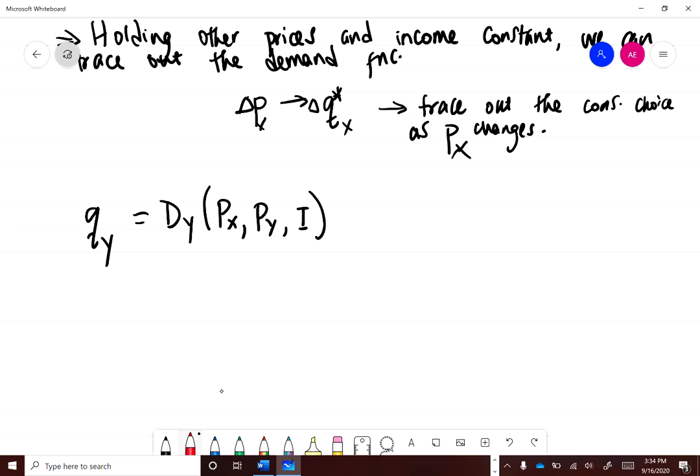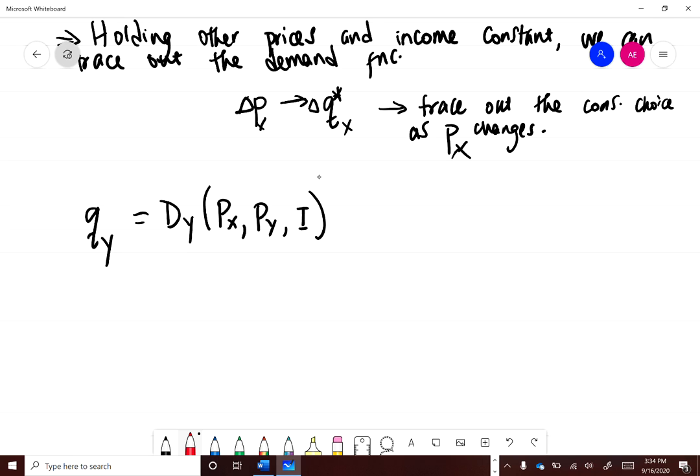Right, so basically what we've said is that the quantity demanded that a consumer will choose is based on a demand function for good y, right, which has the price of good x as a component, price of good y as a component, and income as a component.